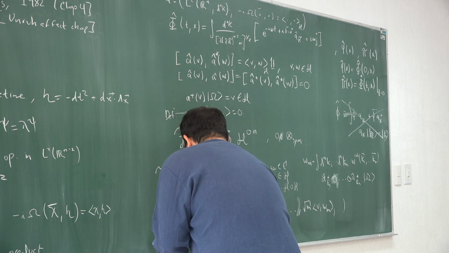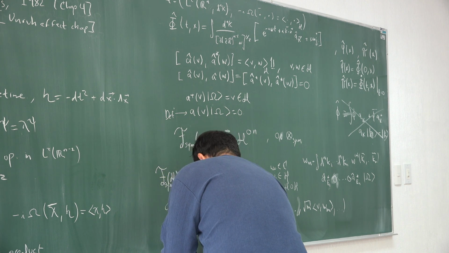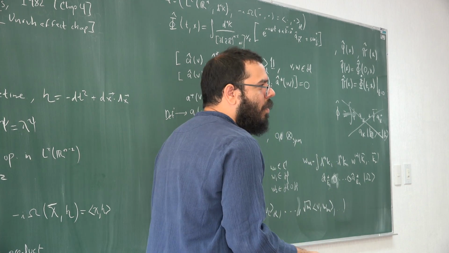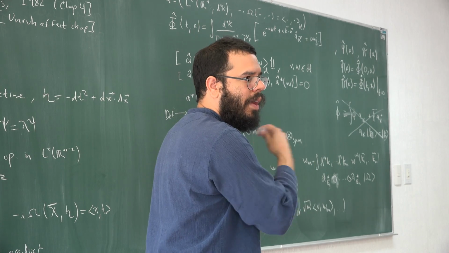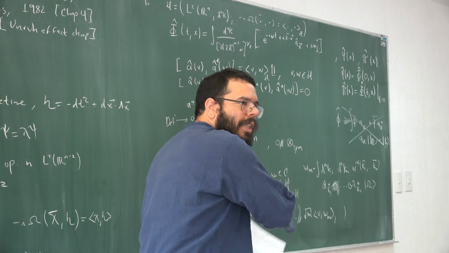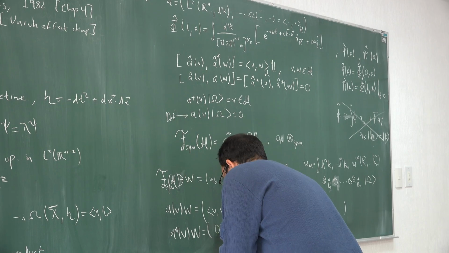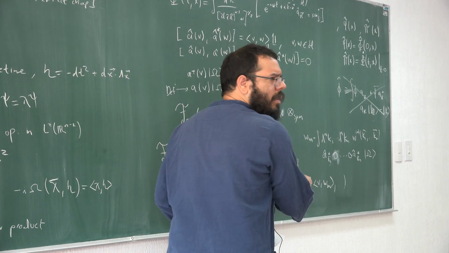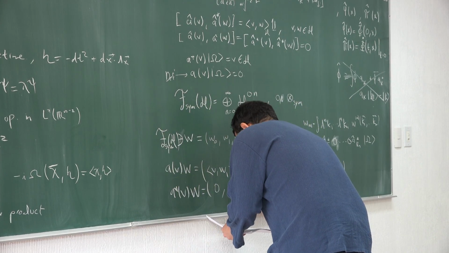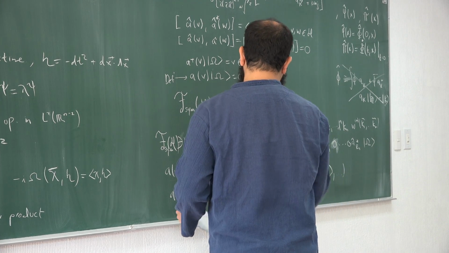The creation operator acts in a very simple way as well, right? By the way, this is all conventions. You might find people that define the creation operator or the annihilation operator with a square root or a factor or whatever, and then this will not appear in this expression, but it'll appear somewhere else, and so on. This is just conventions. This is the convention of Wald in the appendix of Wald's little red book. So this guy just comes in and tensors.